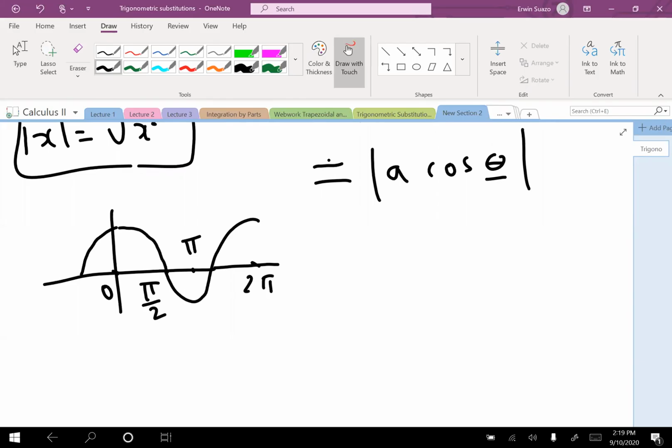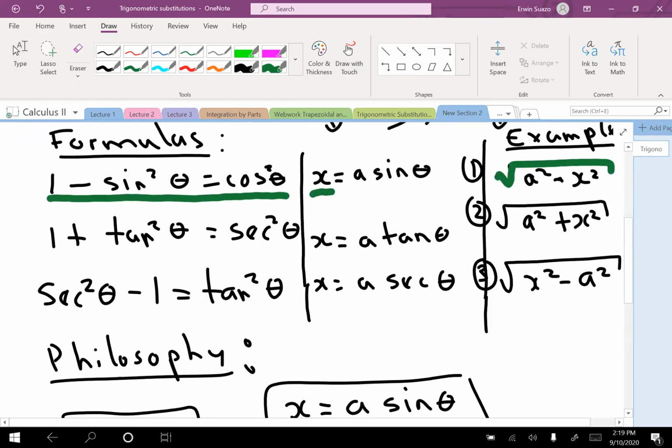I want the function to be positive, so I don't want it to be negative. So I'm going to choose my angle between minus pi halves and pi halves. So my formula is not completed. This angle theta must be between minus pi halves and pi halves.